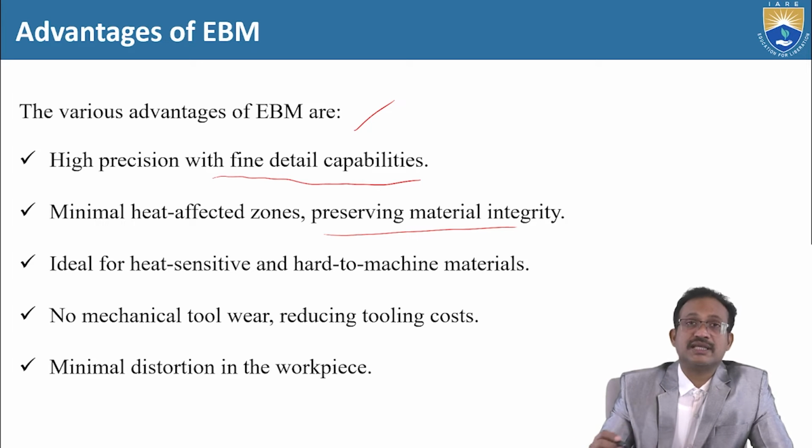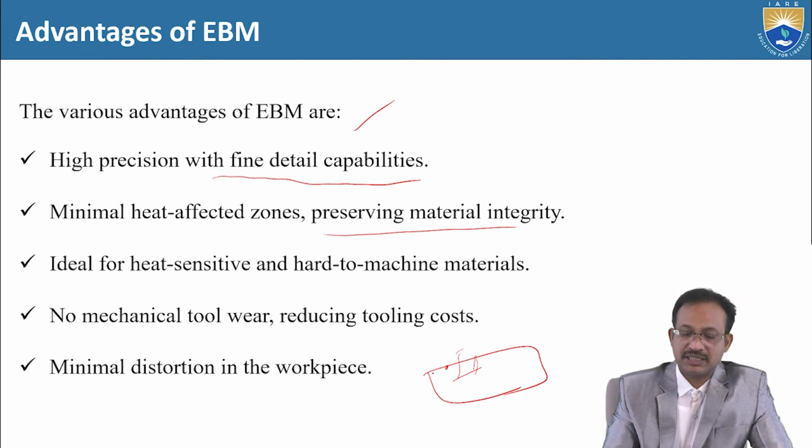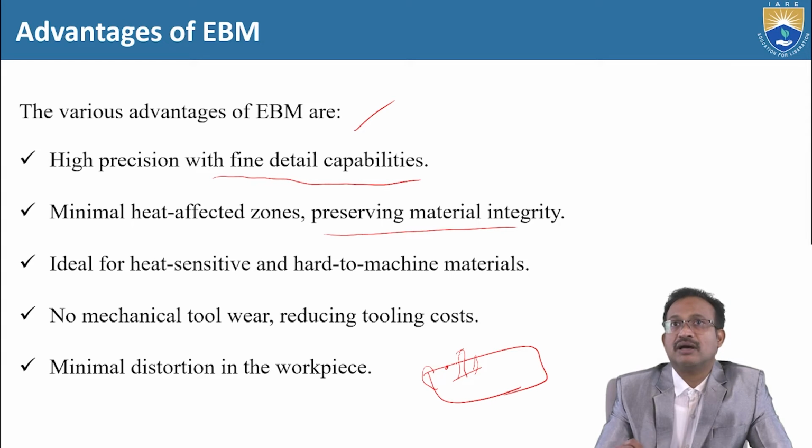With this electron beam machining, if we machine the workpiece at this point, it should not affect the adjacent zone or any feature of this workpiece material. Electron beam machining is particularly good at minimizing the heat affected zone where we are focusing or removing the workpiece material. So it preserves the material integrity.